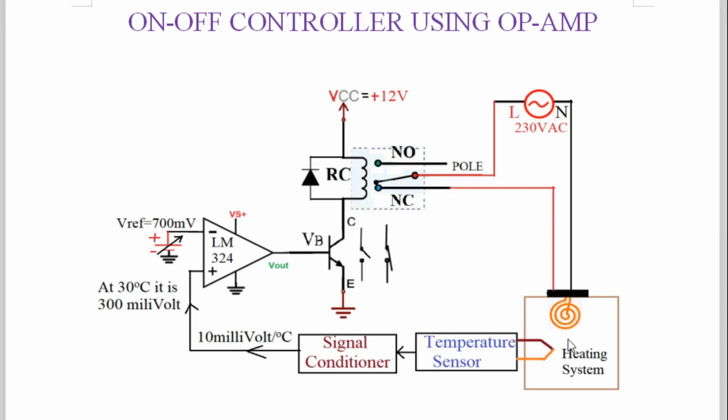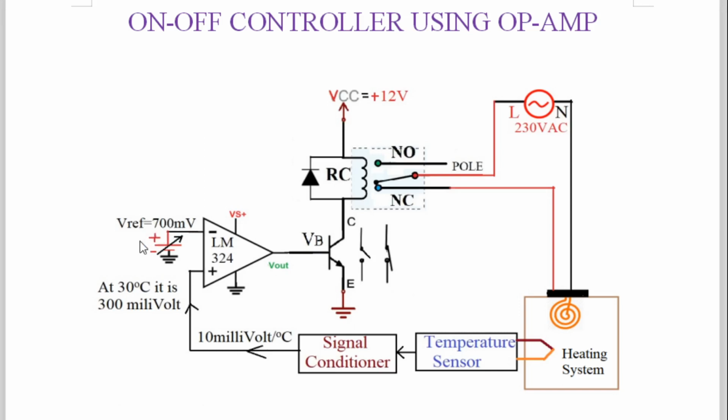And in this way, from room temperature, 30 degrees centigrade onwards, the heating process starts. When it starts, the temperature of this chamber goes on increasing: 35 degrees centigrade, 40 degrees centigrade, 50 degrees centigrade. You have chosen the reference point as 700 millivolt, therefore this reference point is also called the set point.